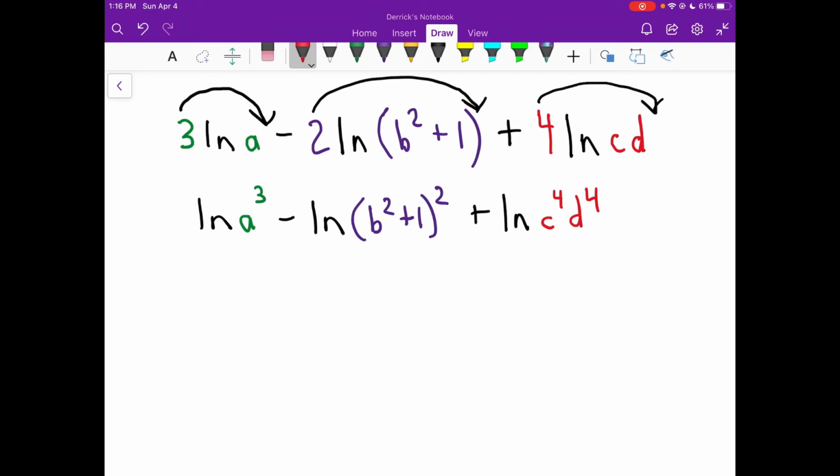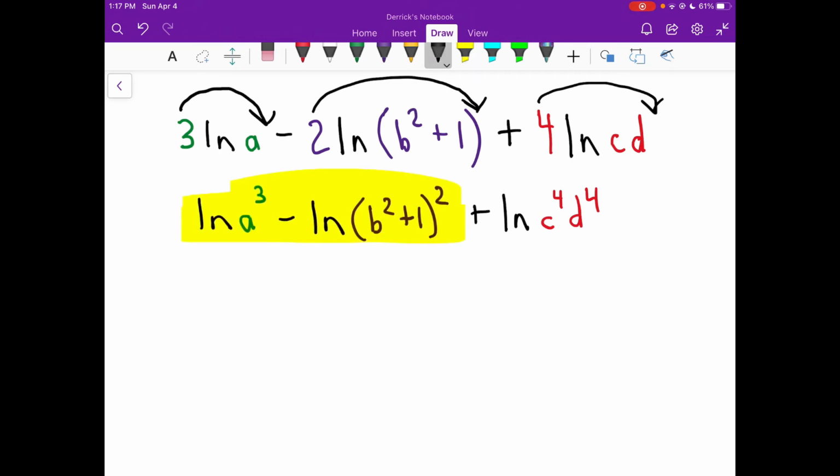Now that we've taken care of all the coefficients, we want to combine all these natural logs together. We do want to take that in 2 steps because I only want to combine 2 logs at a time. So we'll just start working our way from left to right. So looking at just the first 2 natural logarithms here, that's subtraction between those.